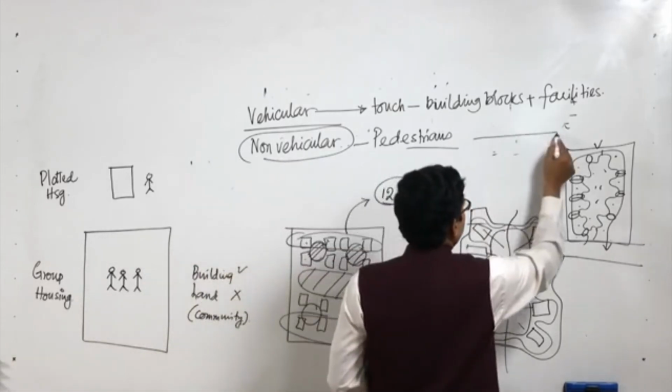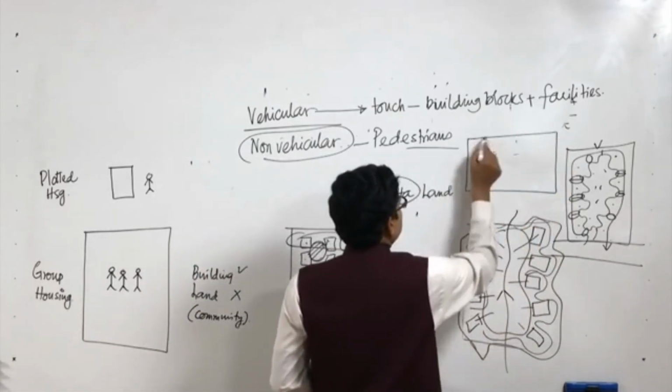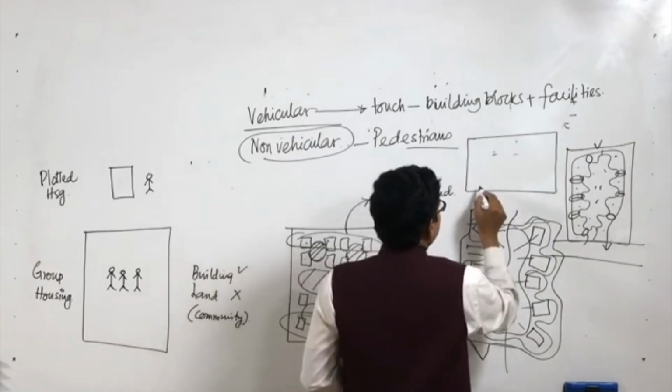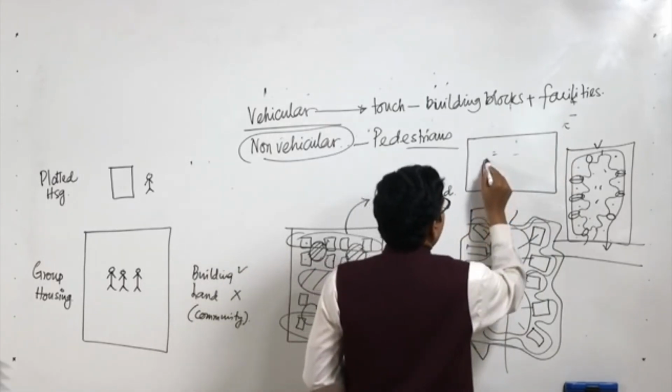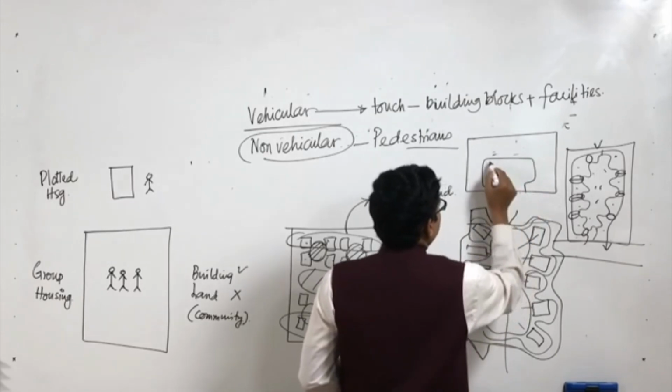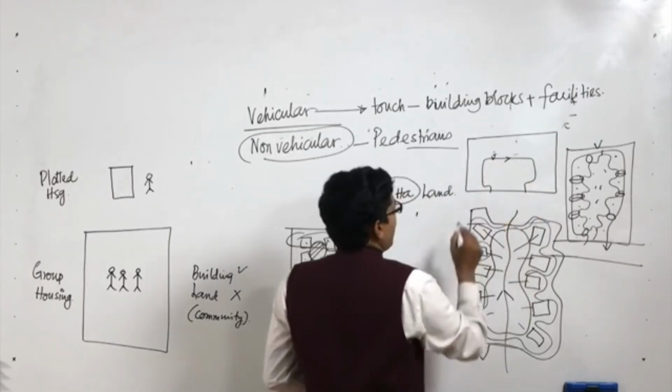If this is the plot, you can divide, you can have a vehicular movement like this.